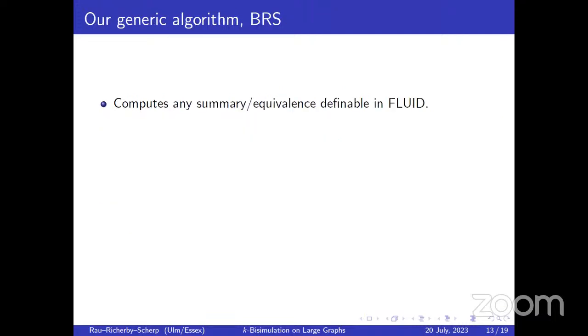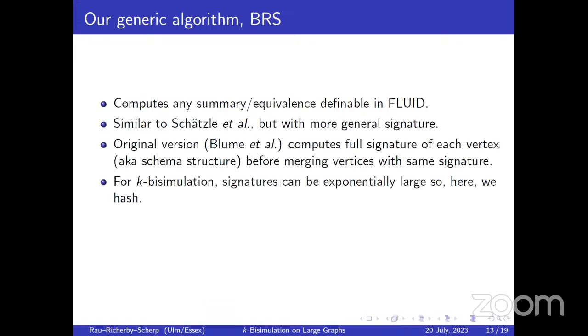Our generic algorithm will do more than just bisimulation. It's broadly similar to Schätzler et al., but there's more to keep track of because there are more reasons that the vertices may or may not be equivalent.